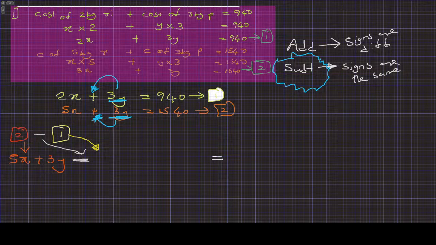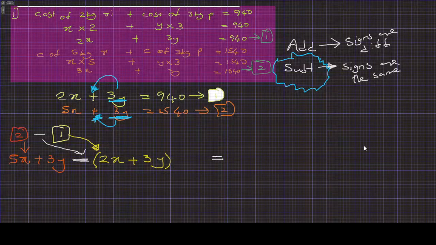What is equation 1? 2x plus 3y. But mind you, this entire equation 1 has to get subtracted from equation 2. So this 2x plus 3y should be as one chunk. So how can we make sure it acts as one chunk? We have to put brackets.